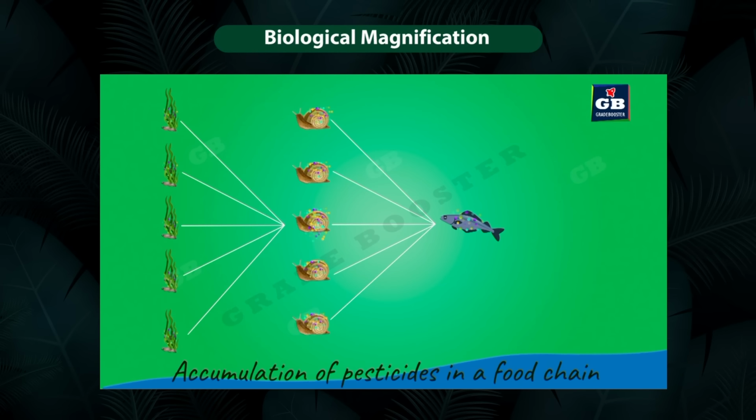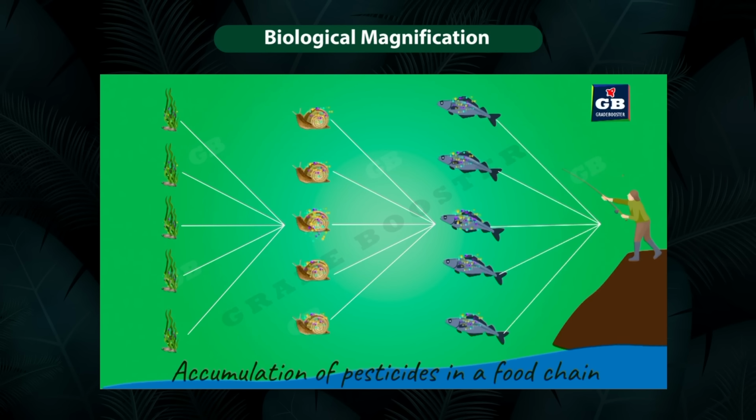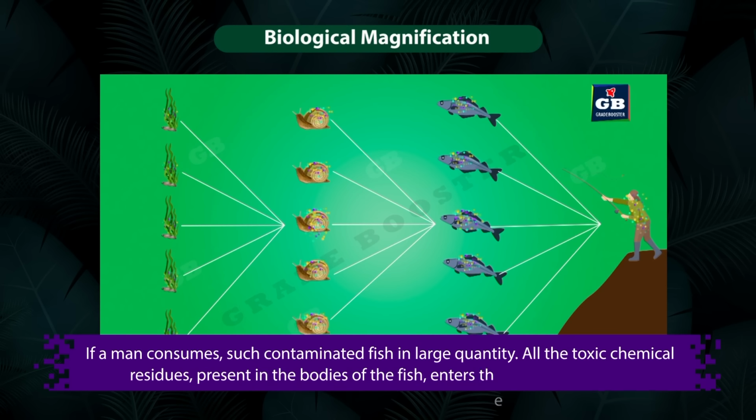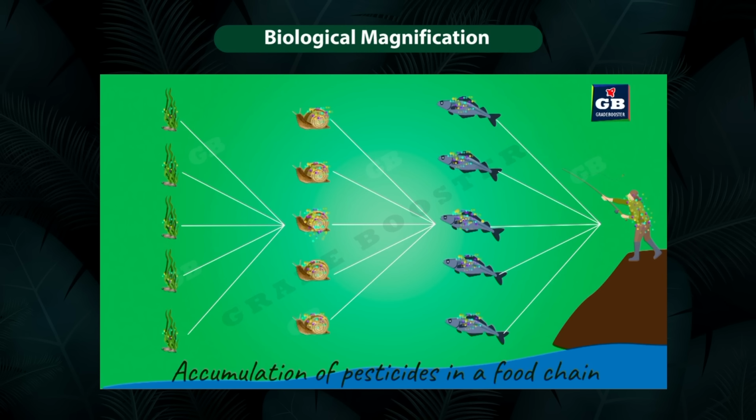If we consider the next organism in this food chain is man, we know man usually stays at the top of the food chain. If a man consumes such contaminated fish in large quantity, all the toxic chemical residues present in the bodies of the fish enter the body of that man. In this way, large amounts of pesticide and insecticide residues get accumulated and deposited in our bodies.